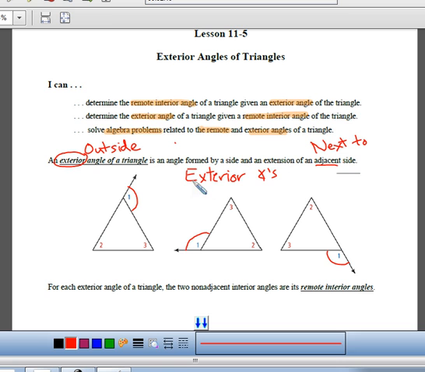And yes, I want you to copy this down. Here, here, and let's go all the way around and point to here. Alright, so for each exterior angle of a triangle, the two non-adjacent interior angles are its remote interior angles.